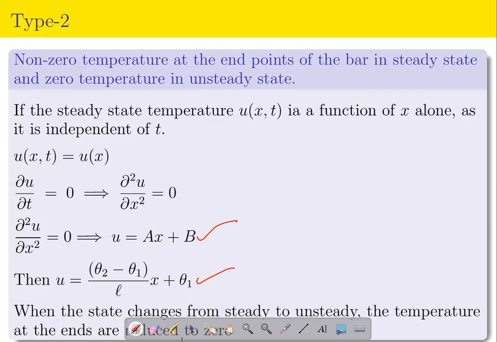When it changes from steady to unsteady state, both the ends are 0, so we have to use either this result or this. Anyway, both the results are similar. At the time of solving the problem, I will explain this concept, how it comes and which one we have to use, so that it reduces your time to solve the problem.